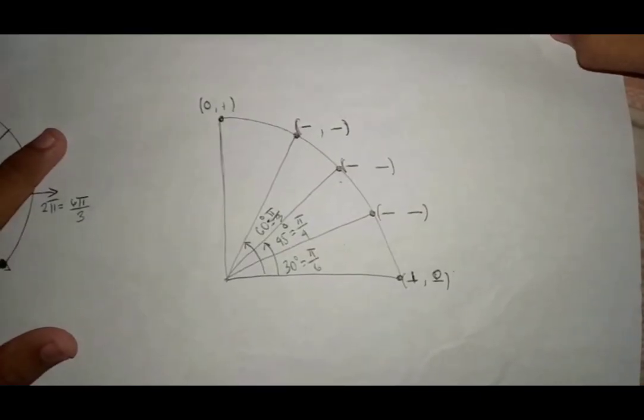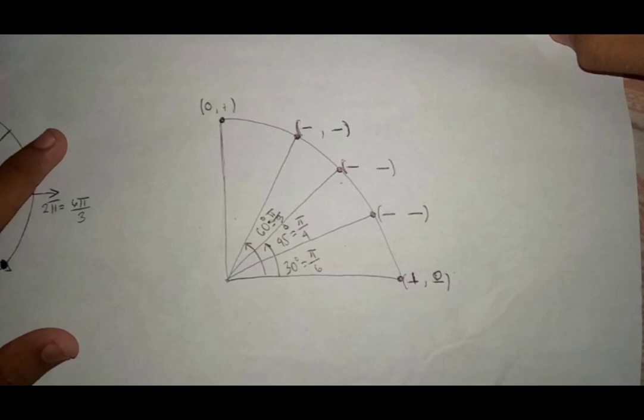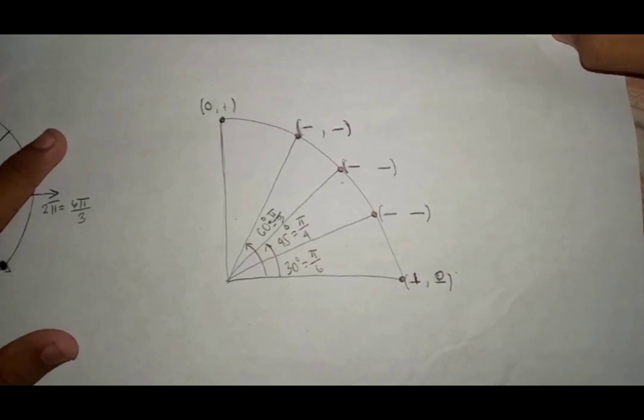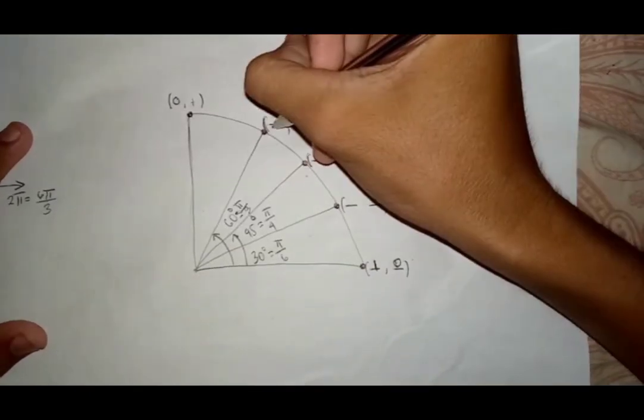The next thing to do to know all the points in the first quadrant is 3 points each.